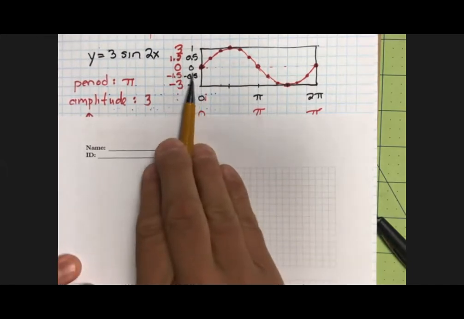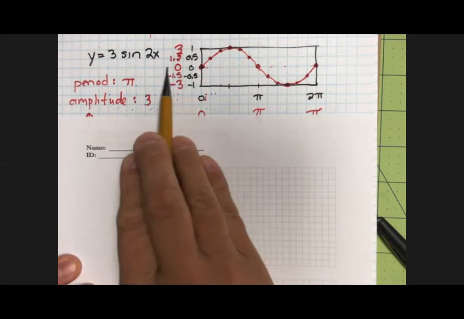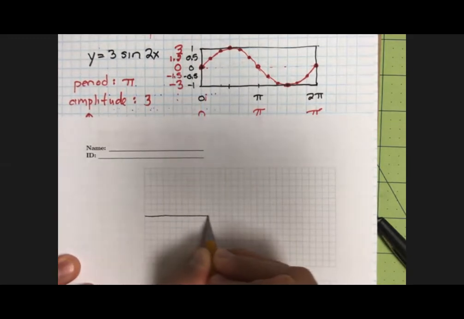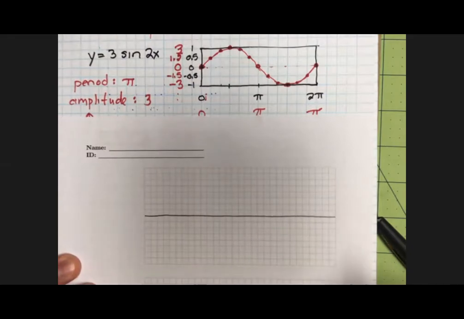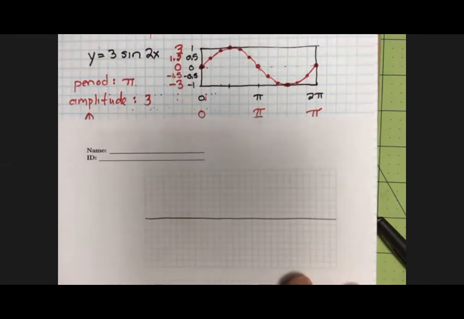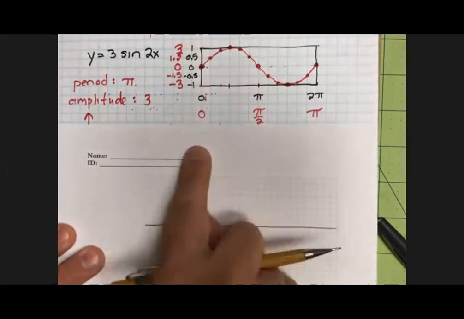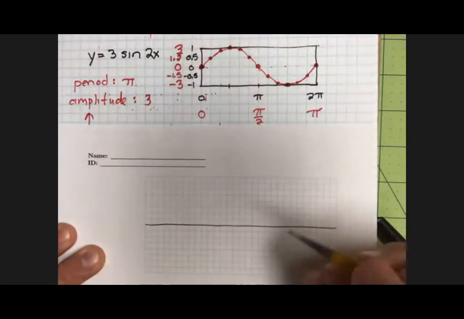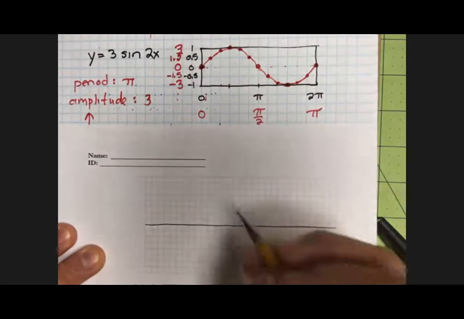Okay, what about this graph? Centered at 0 still. So let me put my horizontal axis dead center. The wave starts at 0 still. So that would be my vertical axis, my y-axis. I want to allow 12 boxes from left to right.